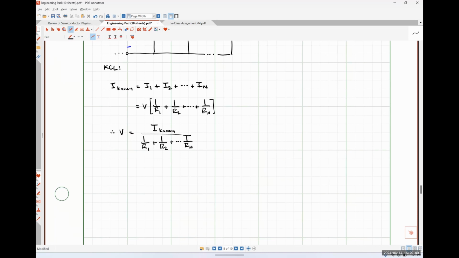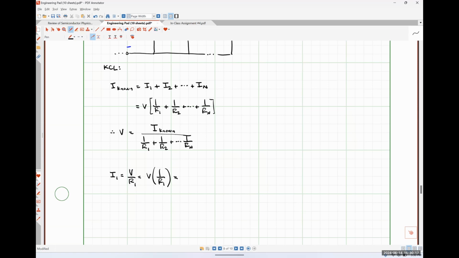So our current I1 is, by definition, V divided by R1, or we could express this slightly differently as V multiplied by a factor of 1 over R1.